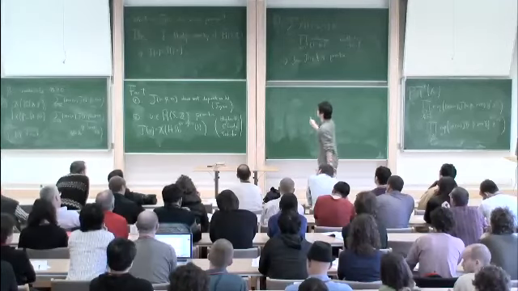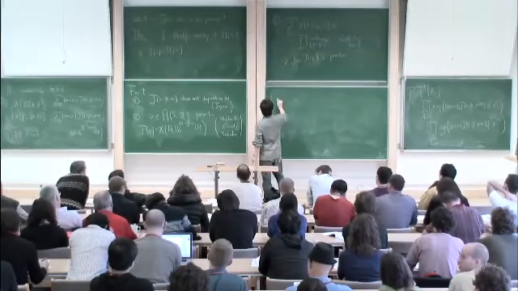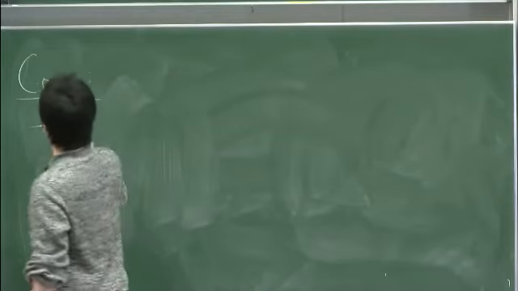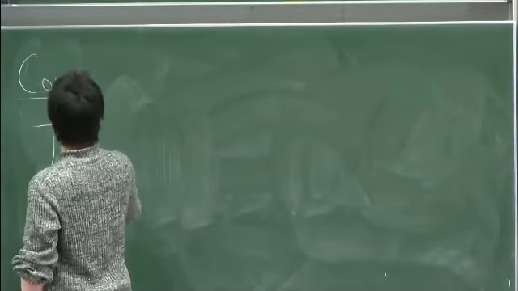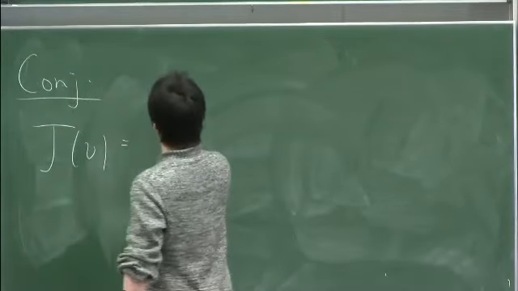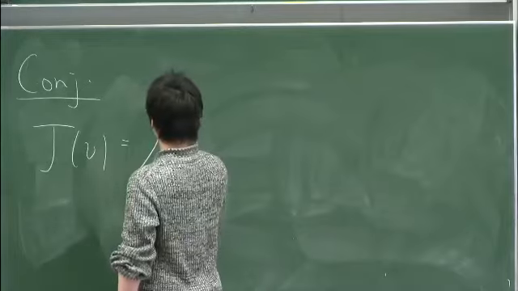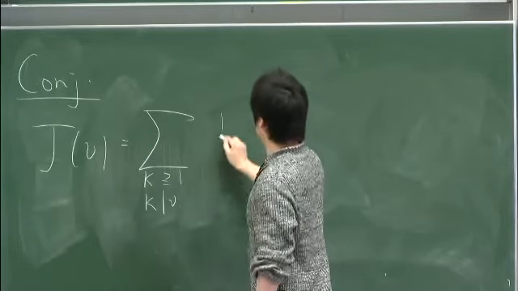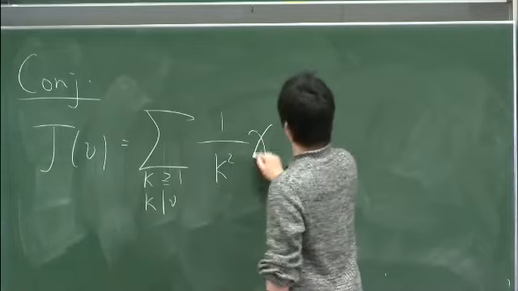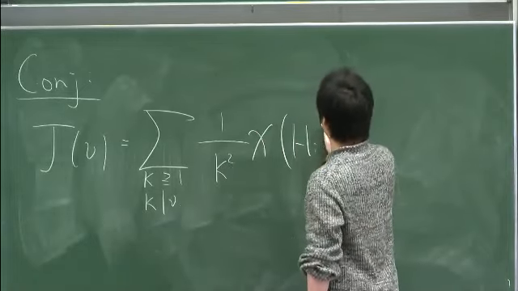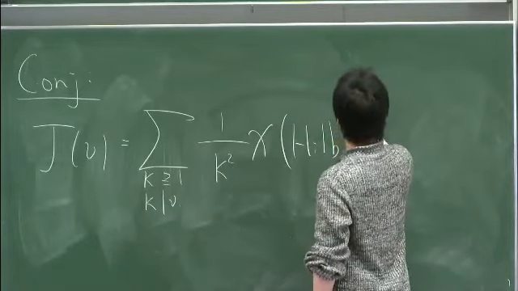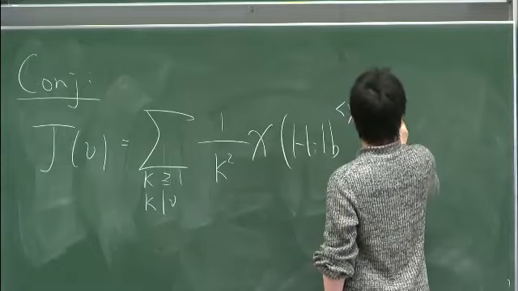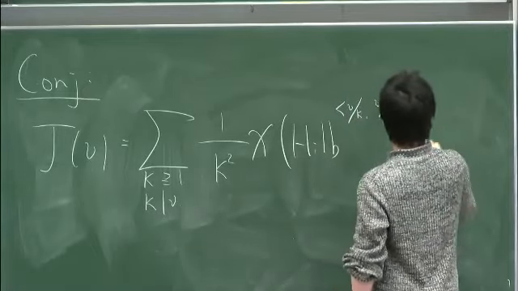Okay, so the conjecture is that J_V is equal to the sum over γ of (1/k²) χ(Hilb^{(V/k)²/2+1}(S)).